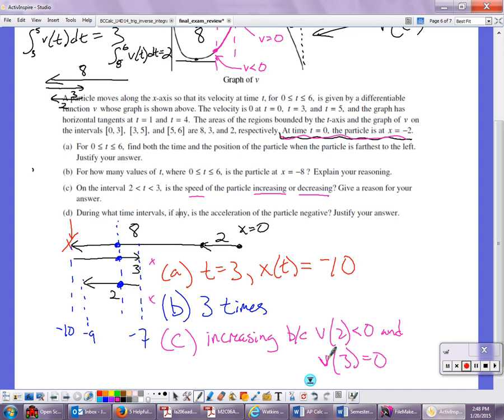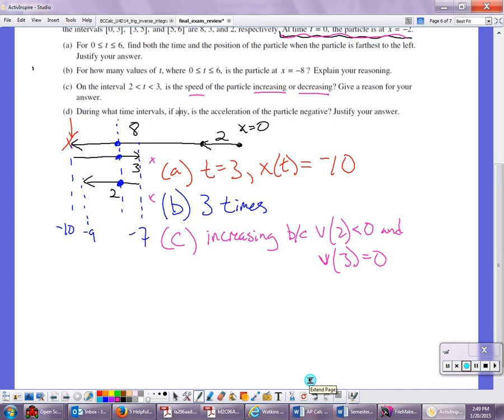During what times, in part D, sorry, during what times, if any, is the acceleration of the particle negative? Well, acceleration, let's use, is there another color we haven't used yet? What about this one? Okay. Acceleration is the change in velocity over time, which is to say it's the slope of the velocity graph.